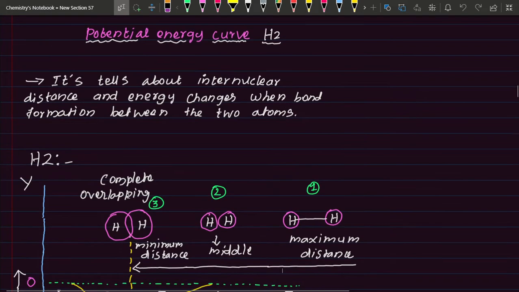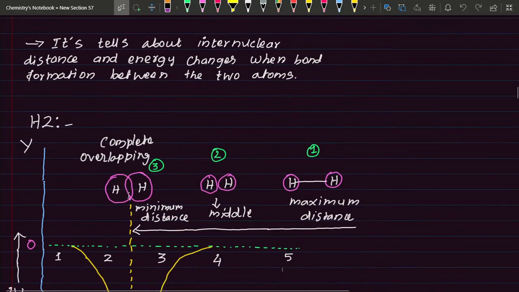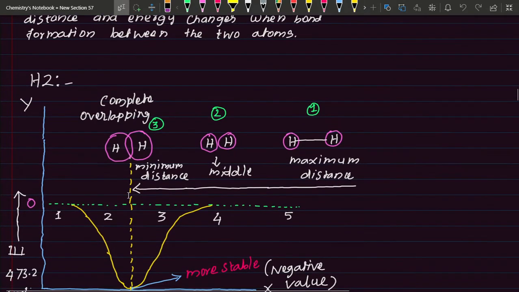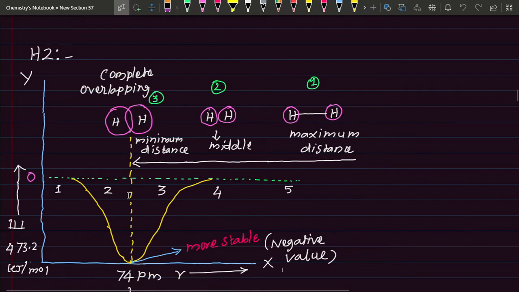See below, this is the H2 molecule. See the diagram, this is the y-axis, this is the x-axis, 0, 1, 2, 3, 4, 5.